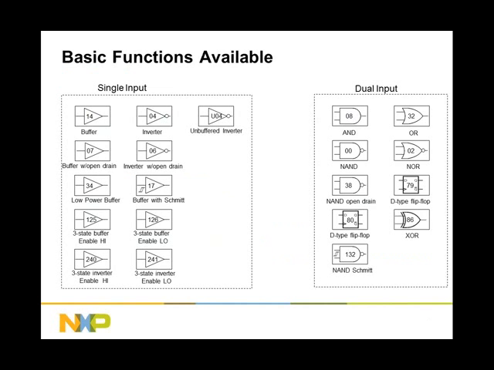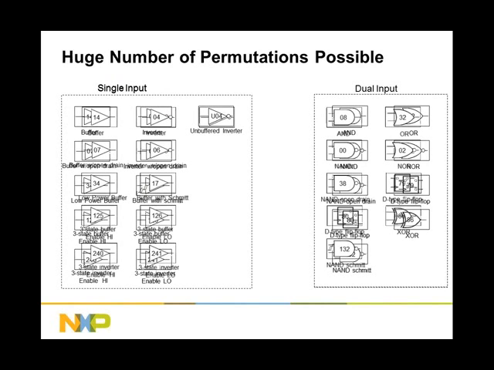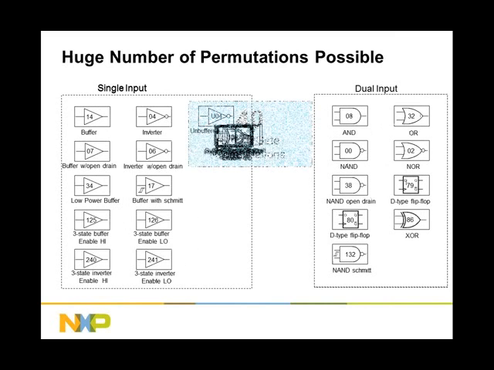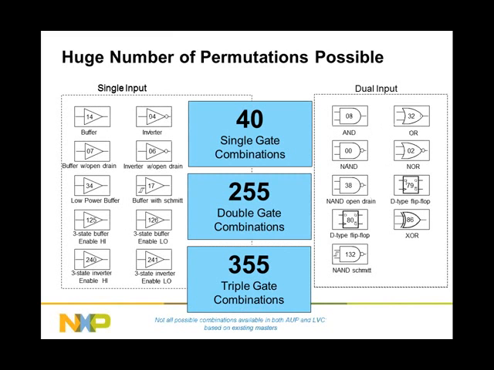So when you look at all of the single input devices that we have and the dual input devices, and when you combine these together, you can come up with 40 single gate combinations, 255 dual gate combinations, and 355 triple gate combinations.